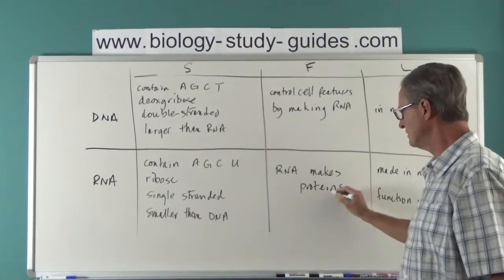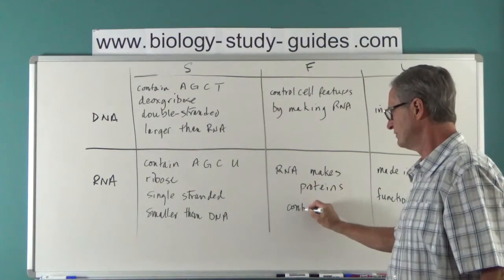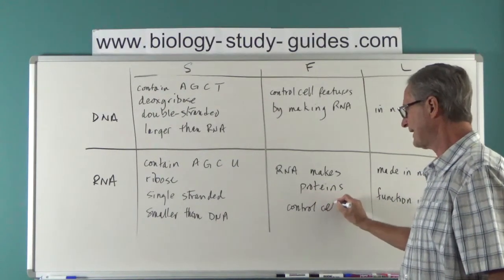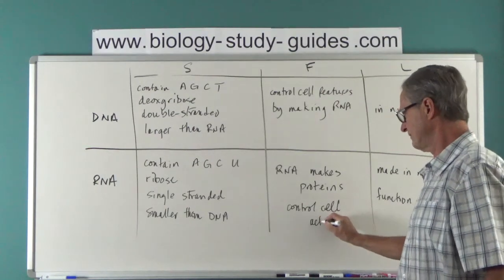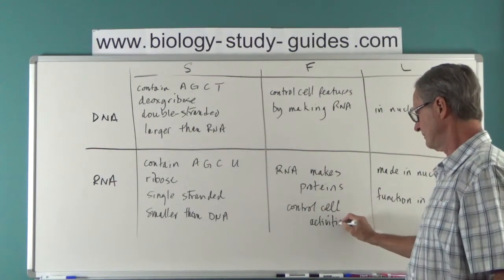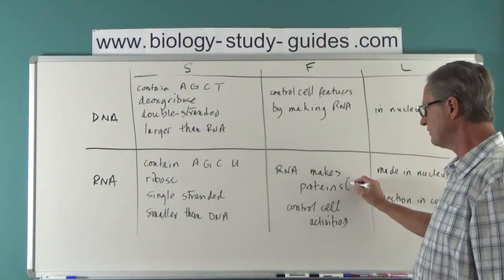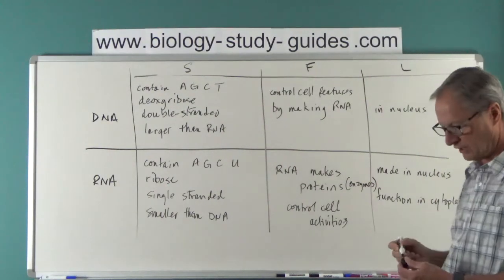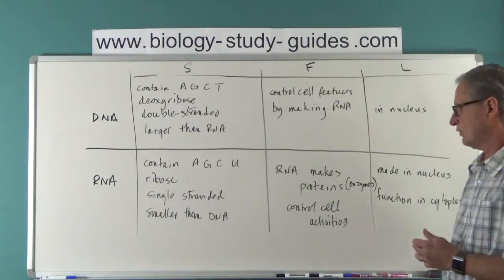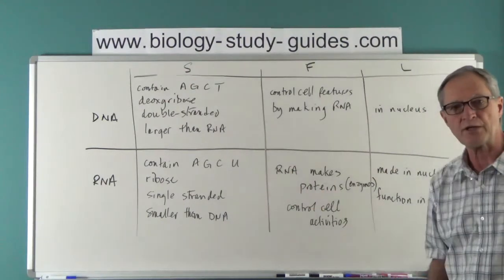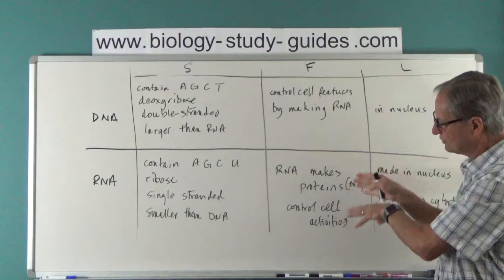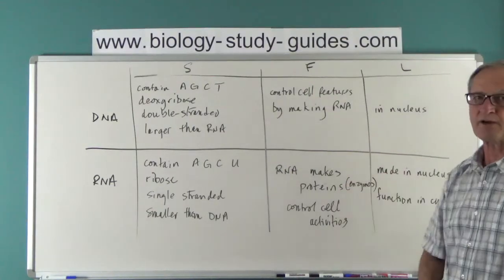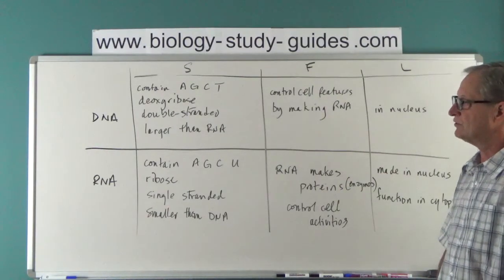And the proteins control cell features, control cell activities. Because with proteins, we could be talking about enzymes, hormones, some structure in cells, all sorts of things, even components of membranes. So there you have it.